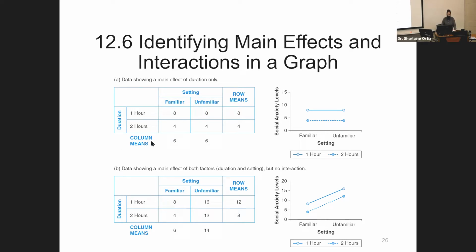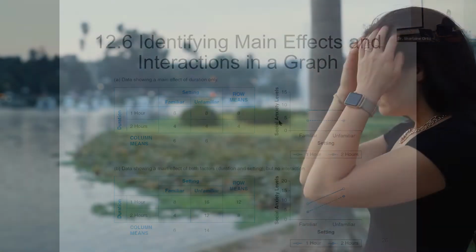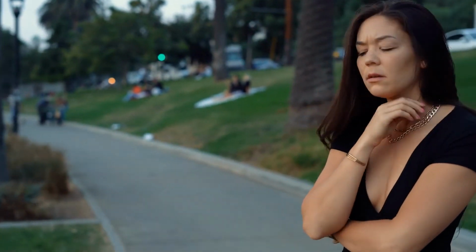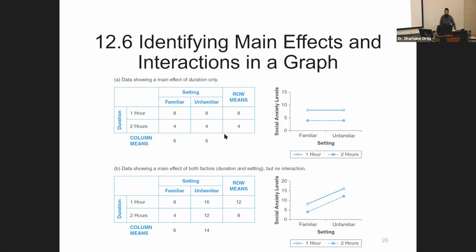Notice that in regards to anxiety, here we are thinking about social anxiety levels. Notice that the higher the number, the higher the reported level of social anxiety. For example, if we have a familiar setting or an unfamiliar setting and the person has to remain there for an hour, the level of anxiety as reported here was an 8.